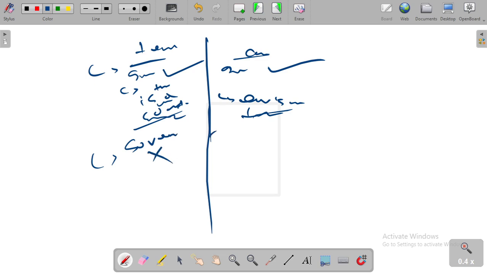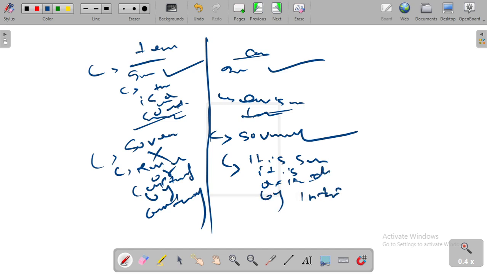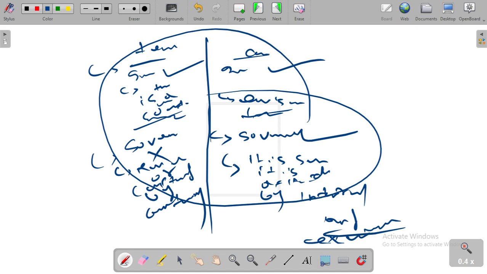No, a territory is not sovereign; it is ruled or captured by another country. But is a country sovereign? Yes, the country is sovereign, so it is not affected by internal and external affairs. This is the whole difference between the territory and the country.